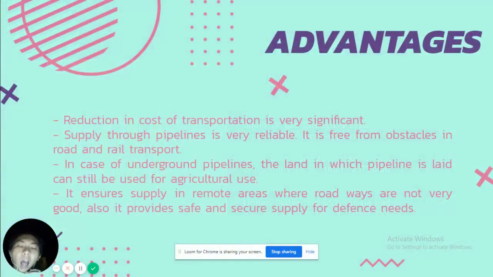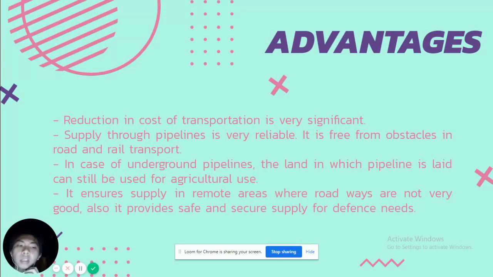The benefits of pipeline transport are huge. As it is cutting-edge technology, it has a lot of advantages. Namely, first, the reduction in the cost of transportation is very significant. Secondly, supply through pipelines is very reliable.